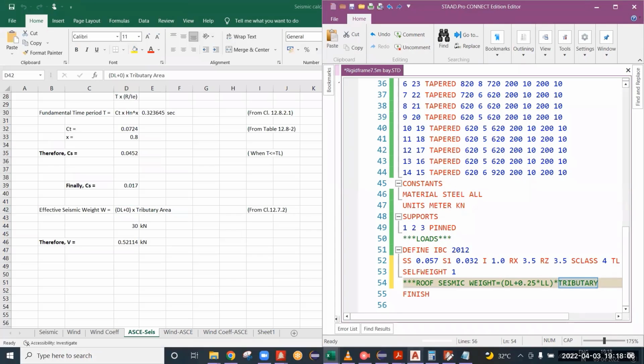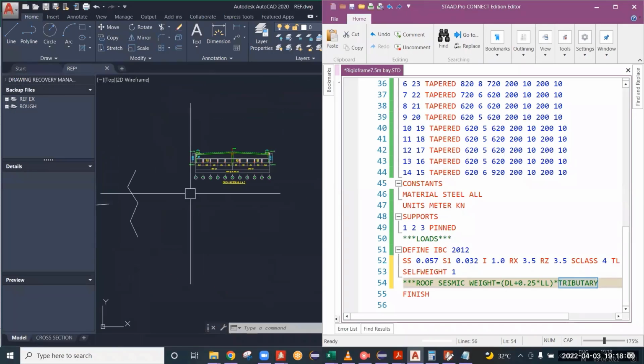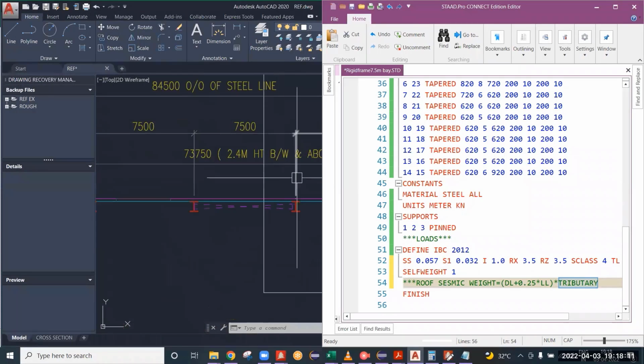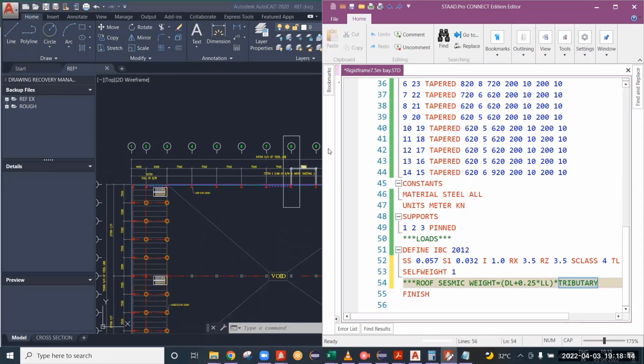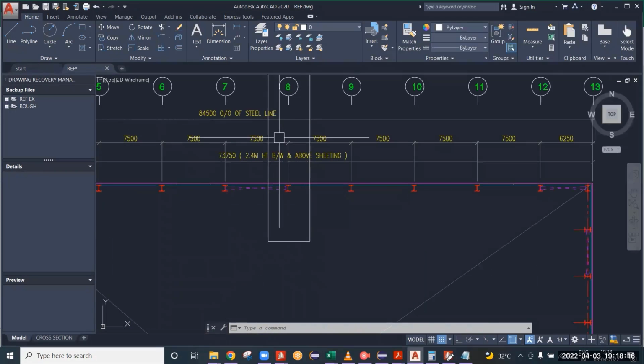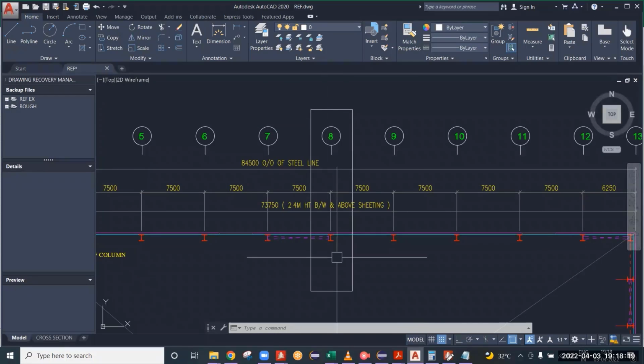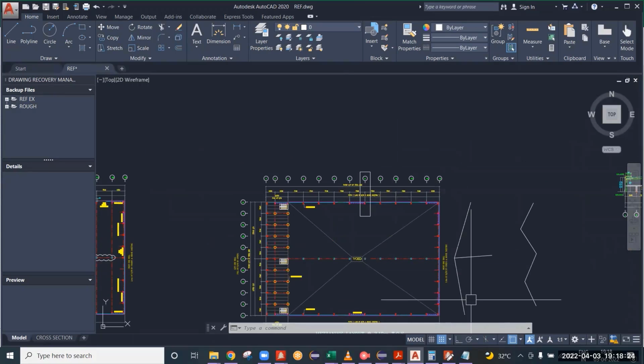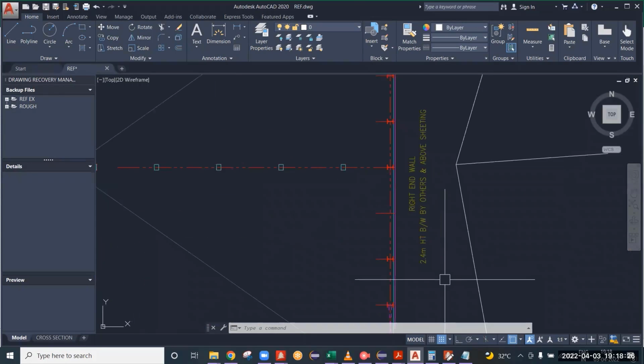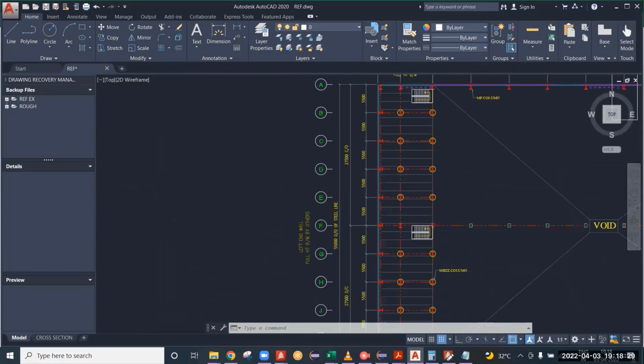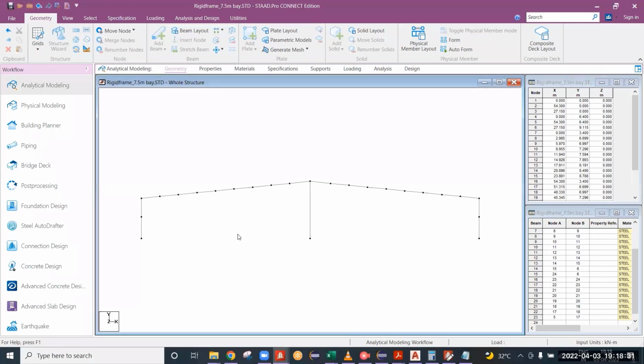All of you remember what tributary is, right? In yesterday's example, we have seen. For the grid line 8, what is the tributary value? 7.5. Width no need to give. Width directly we have given in the geometry.